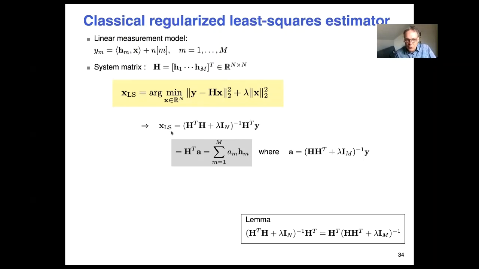You can say that the least square solution is actually a linear combination, here we have M measurements, a linear combination of the H's, and the H's are the analysis functions. Those are the vectors that define the discretization of your problem. It just says that the least square solution lies in the subspace spanned by the measurement operator. And the A is given by this formula there.